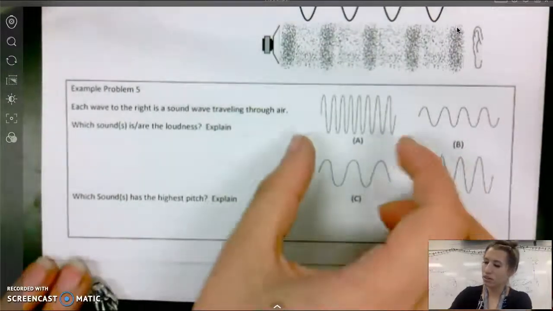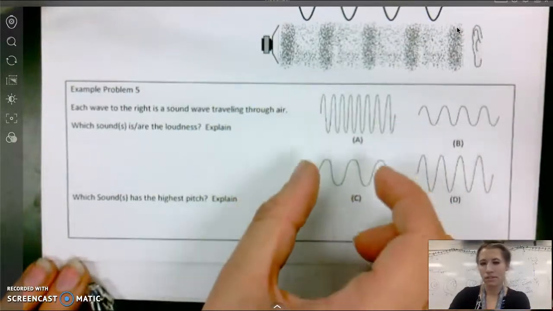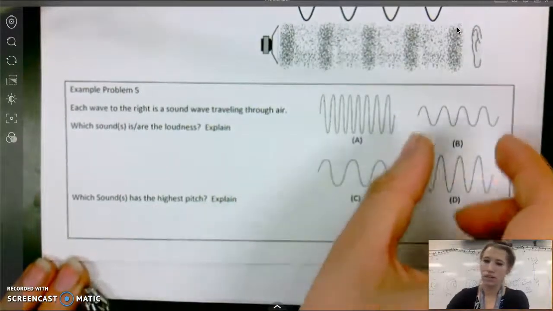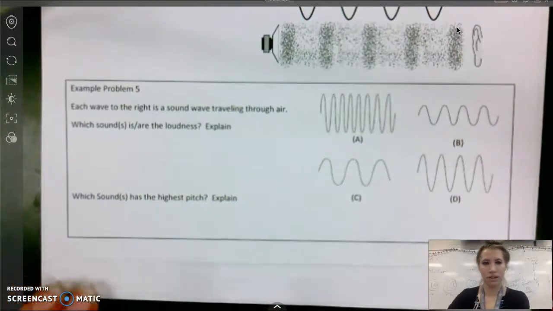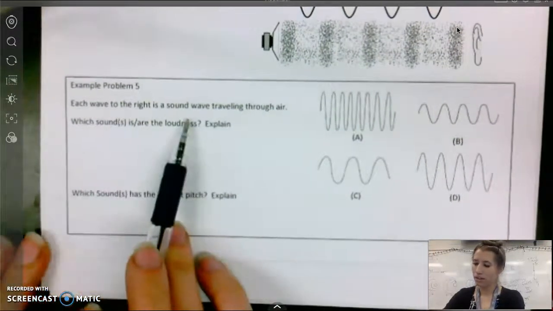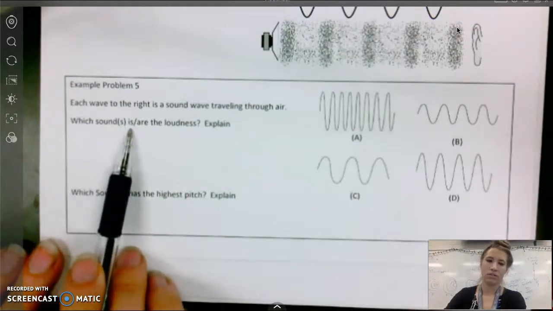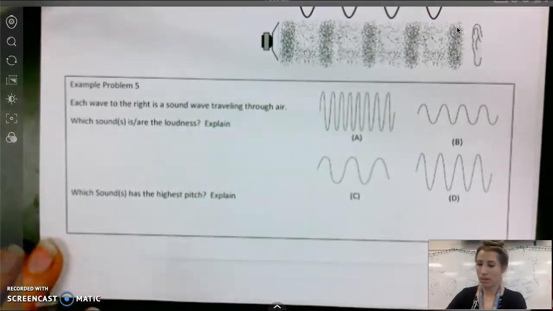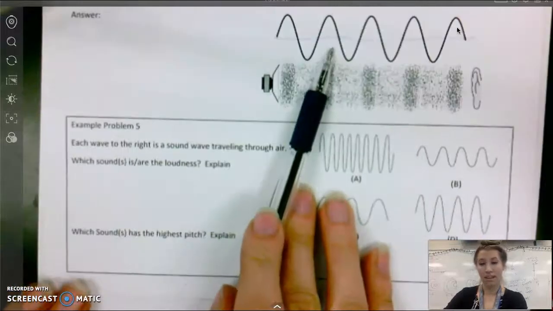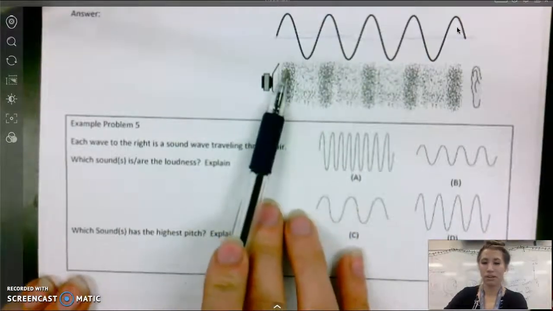So if these are all the same distances, that means these waves all occurred in the same amount of time. All right. So each wave to the right is a sound wave traveling through air. Which sound or sounds are the loudest? So we just talked about that being the highest amplitude, which would be the greatest compression.